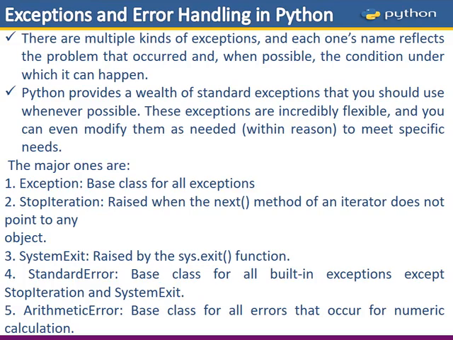Another one, StopIteration, raised when the next method of an iterator does not point to any object. Another one, SystemExit, raised by the sys.exit function. We have StandardError, the base class for all built-in exceptions except StopIteration and SystemExit. We have ArithmeticError, the base class for all errors that occur from numeric calculation.